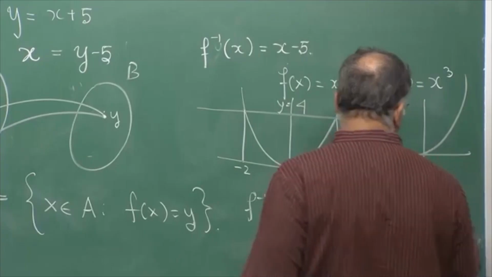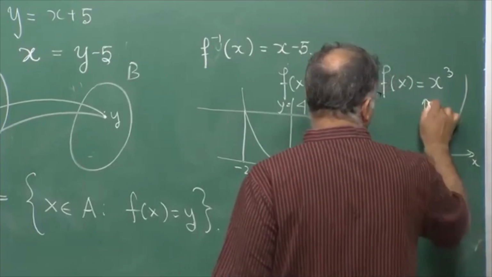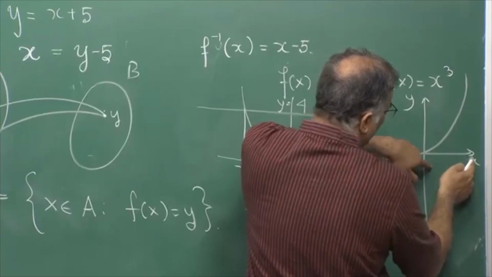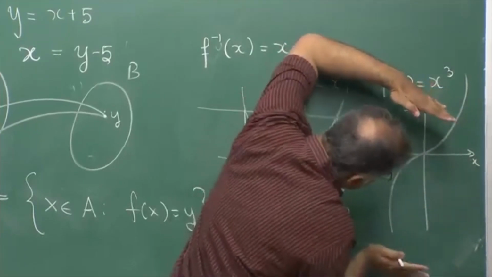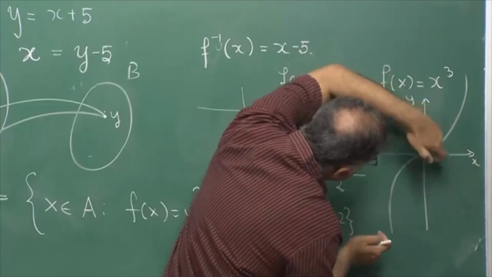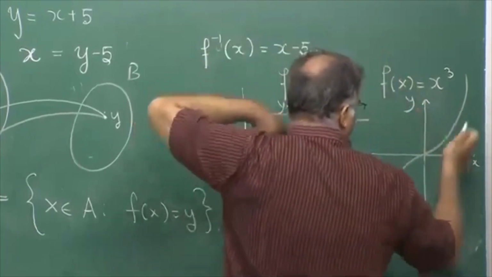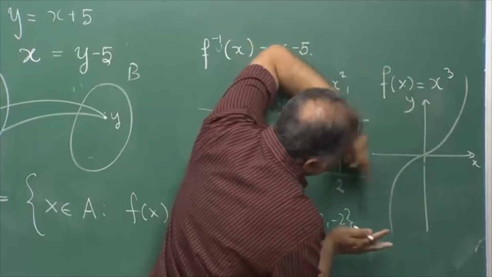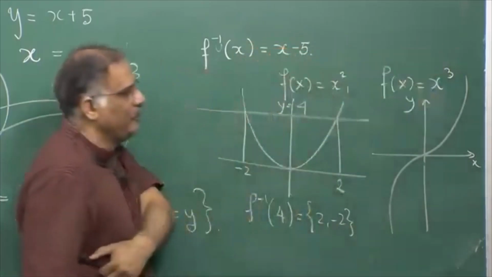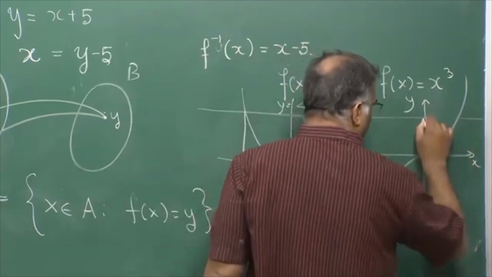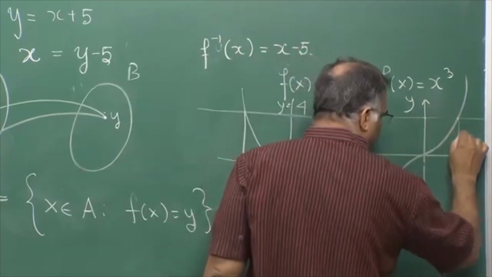So how do I look at it? Here x and here y. So x is viewed as a function of y. Here y is first viewed as a function of x, and then x is viewed as a function of y. And if you observe, take any y, there is only one x corresponding to y.